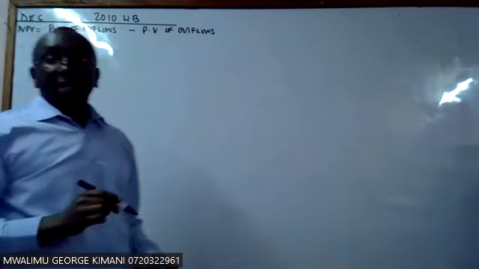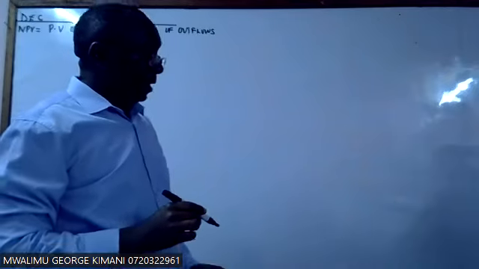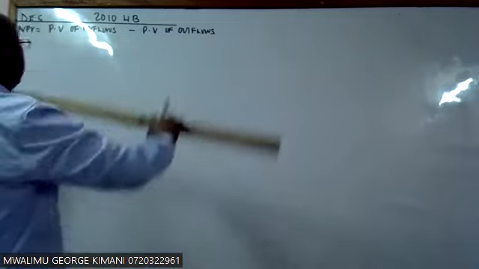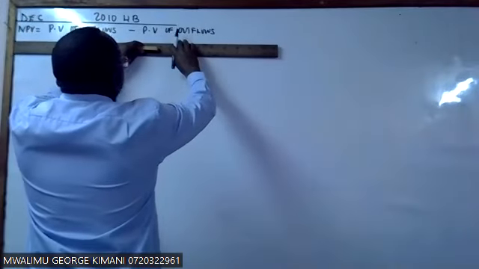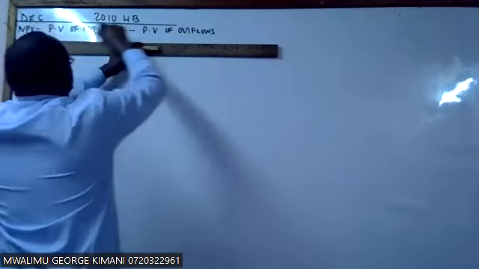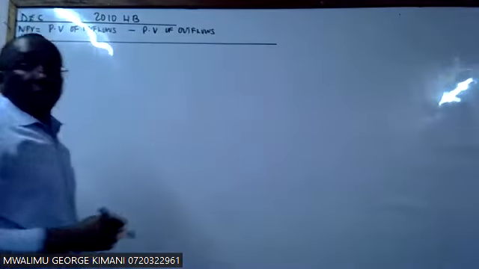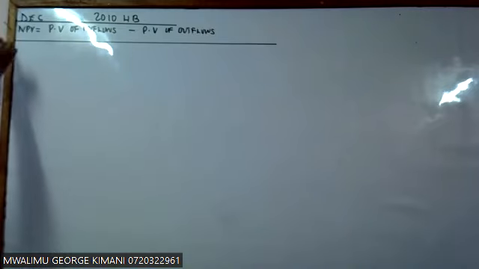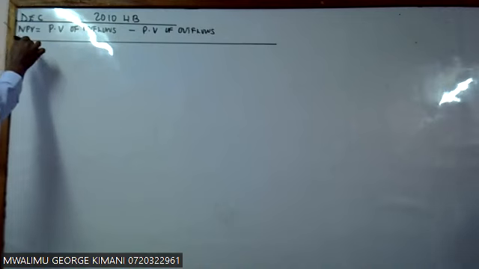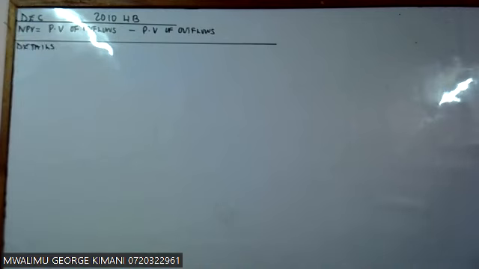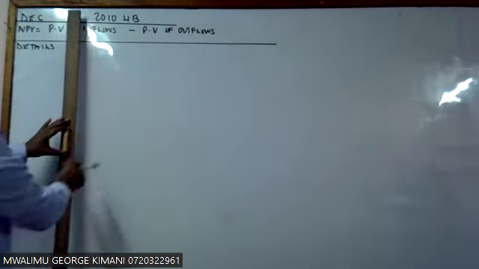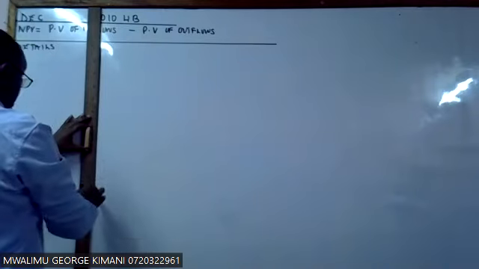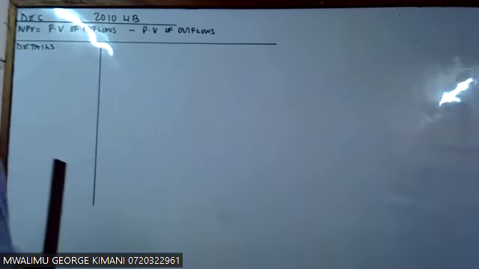So if that is how we get the NPV, we can arrange it in form of a table, whereby we will have a column that is called details, where we shall describe the items that we require.